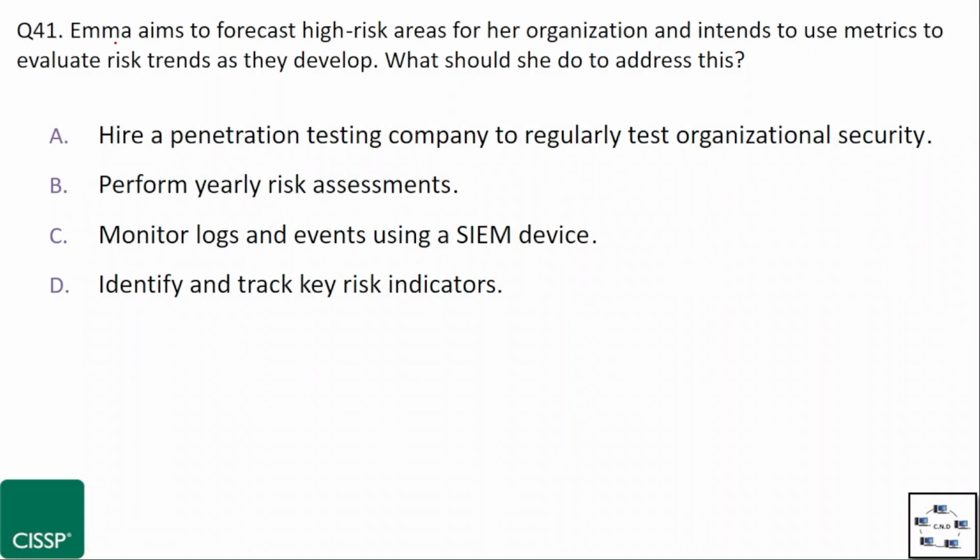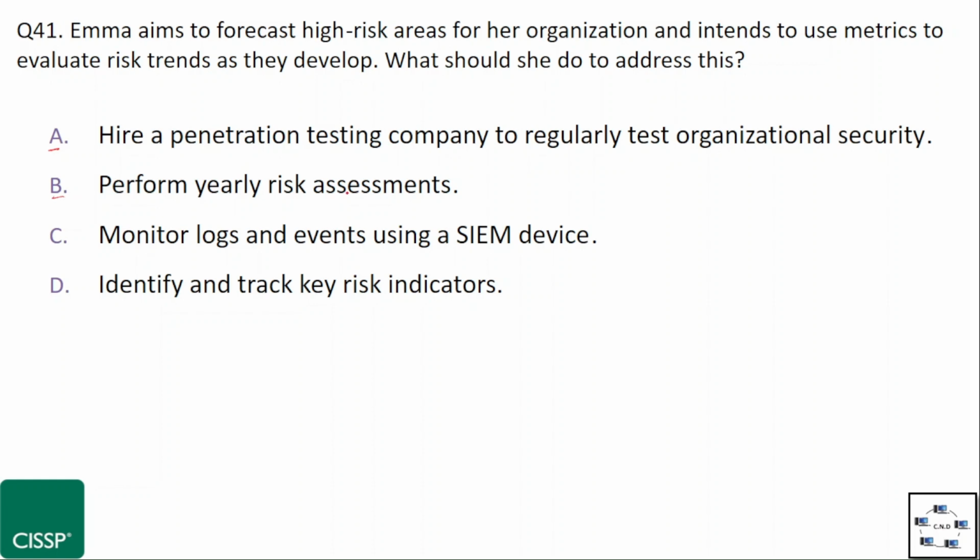Question number 41. MO aims to forecast high-risk areas for her organization and intends to use metrics to evaluate risk trends as they develop. What should she do to address this? Option A, hire a penetration testing company to regularly test organizational security.